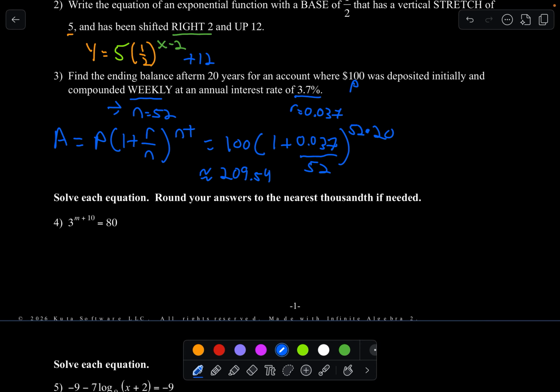So since we have 3 to the m plus 10 power equals 80, I notice that the base of my exponential is 3, so I'm going to write log base 3 of the 3 to the m plus 10 power, and that equals log base 3 of 80, since I did it to the left. The reason I'm doing log base 3 is because the base of the exponential is 3.